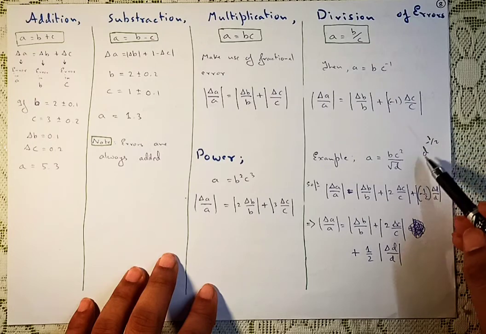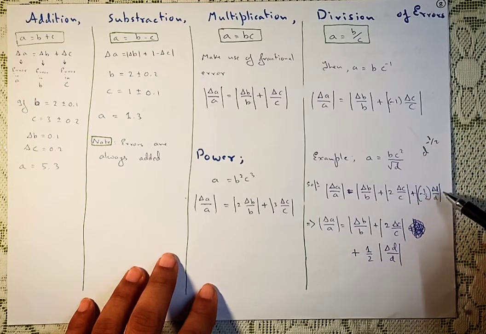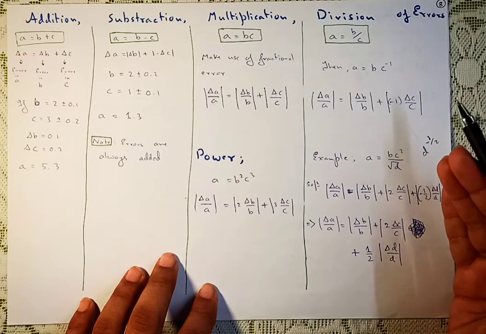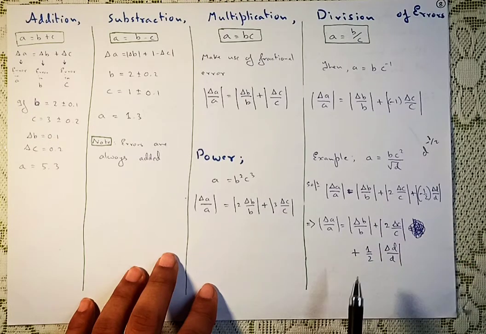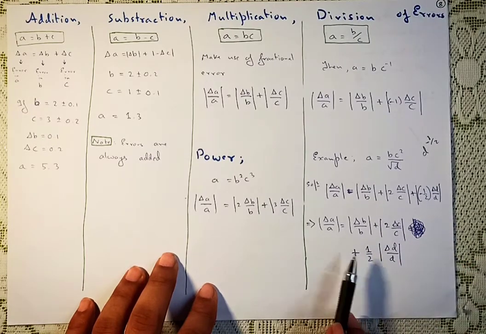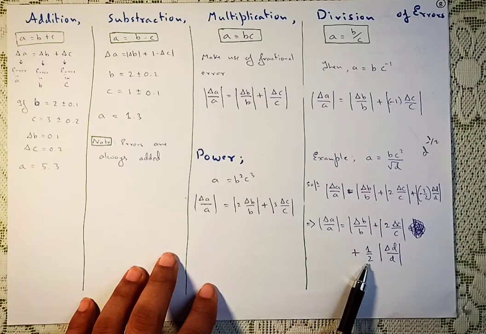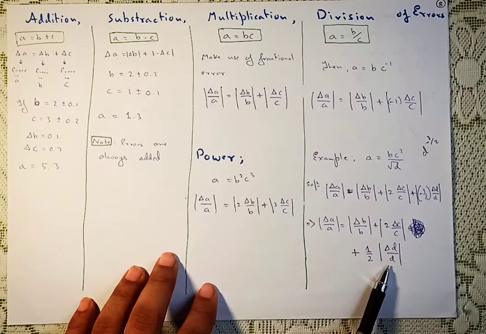So minus 1 by 2 is going to come to the front, delta D divided by D. As I told you, once this minus comes outside of the mod, it becomes positive. Therefore, this can be taken as 1 by 2 delta D divided by D.